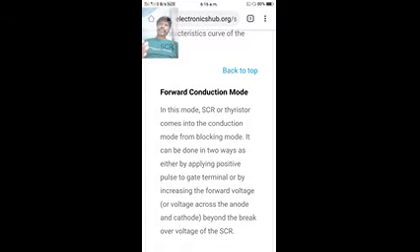That's why it is called forward conduction mode, or simply the device enters the on state.